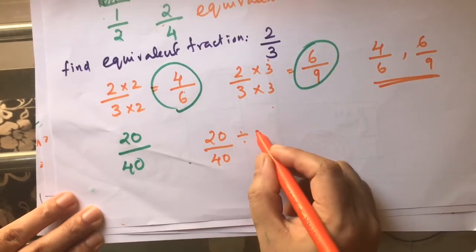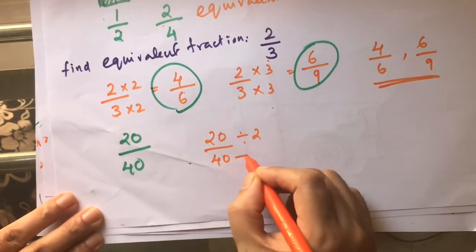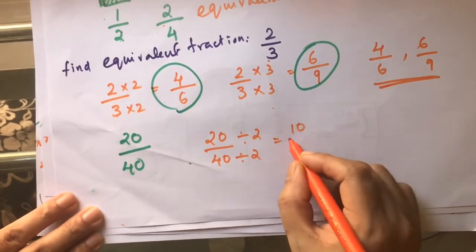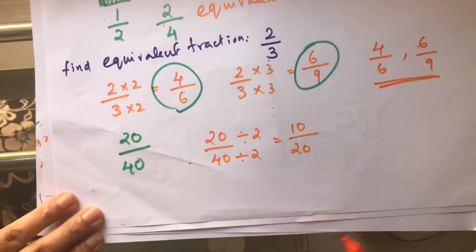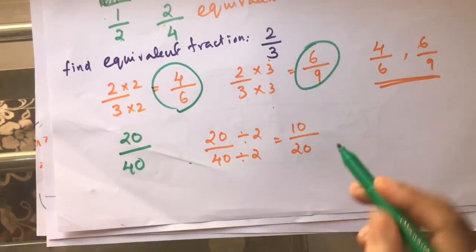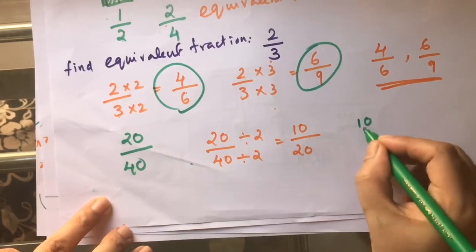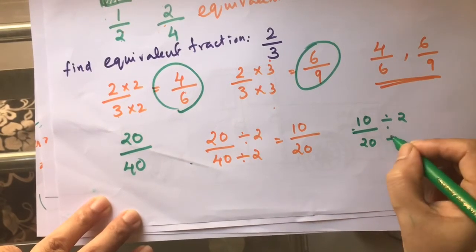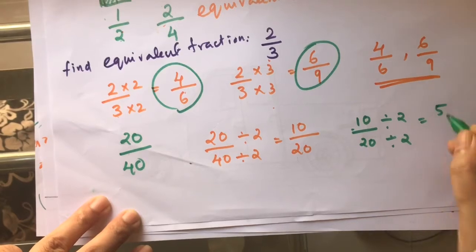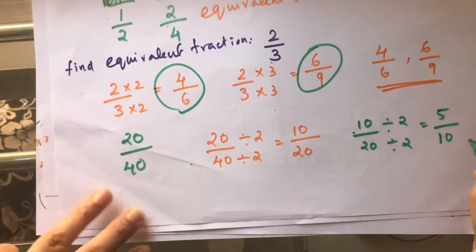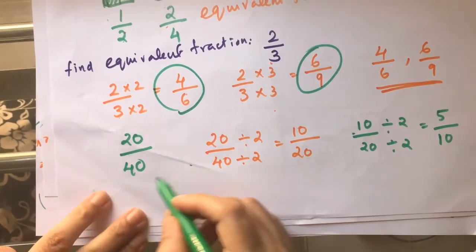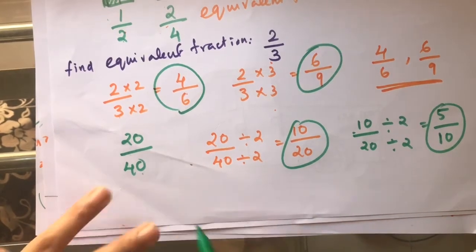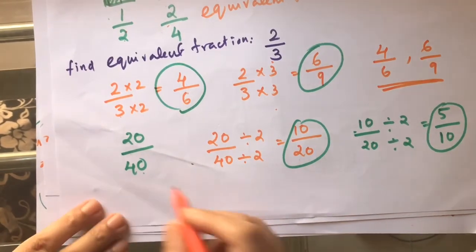If I am dividing by 2, here also I have to divide by 2. 20 divided by 2 is 10 and 40 divided by 2 is 20. Then again I am dividing 10 by 20 by 2. I got 5 by 10. So I can say 10 by 20 and 5 by 10 are the equivalent fractions of 20 by 40.